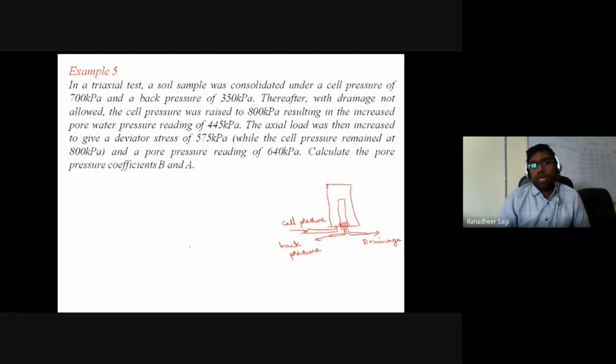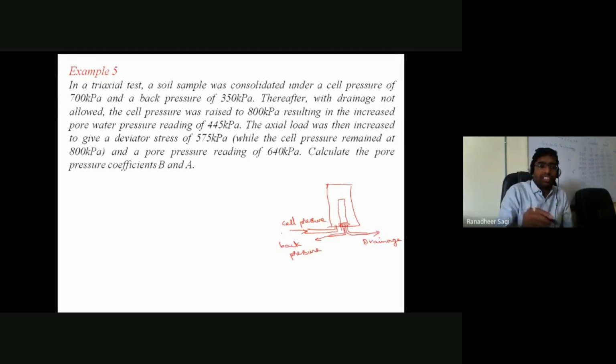Okay, now let's understand. Cell pressure is something we have already talked about. Drainage valve is something we have already talked about. Now, what is this valve through which the back pressure is supplied? If I want to ensure that the soil sample is fully saturated, because in any of the triaxial tests, either UU test or CU test or CD test, the soil sample has to be fully saturated, I cannot ensure 100% saturation before placing the soil sample inside the triaxial cell.